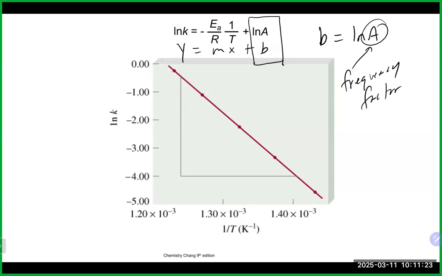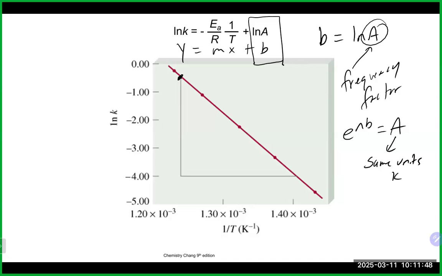Again, that's where the line will cross the y axis in this particular case. So by taking e to the y-intercept, that will get you the frequency factor. The units usually associated with the frequency factor are the same units as k.